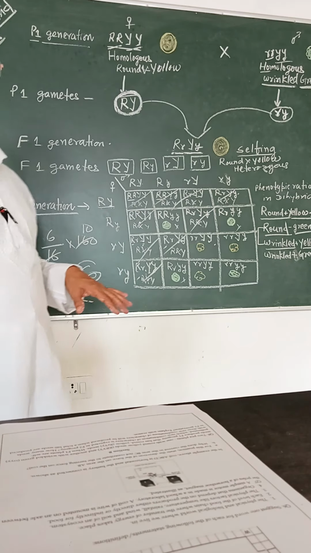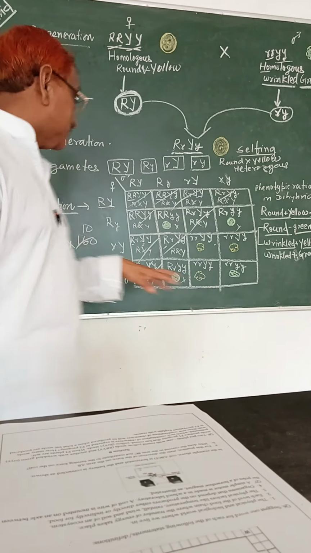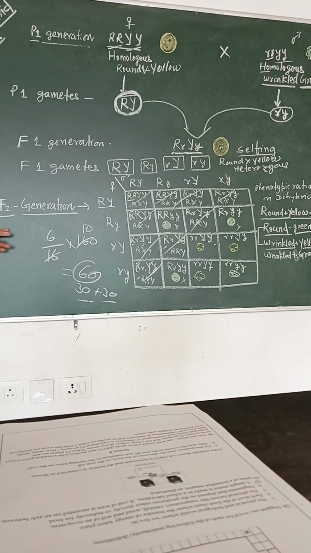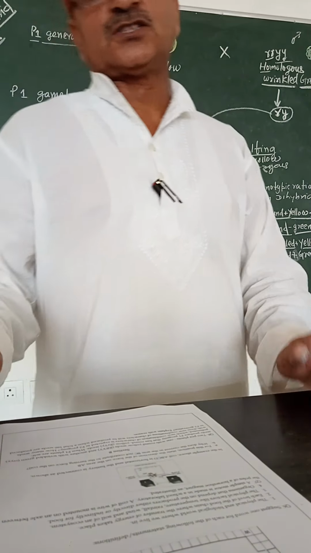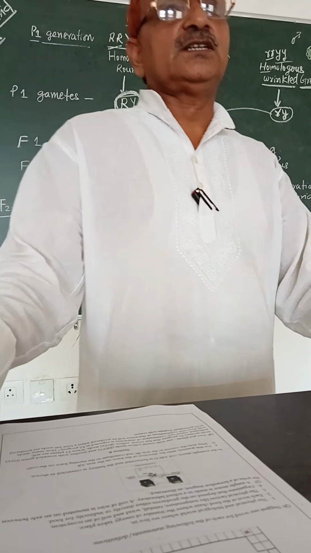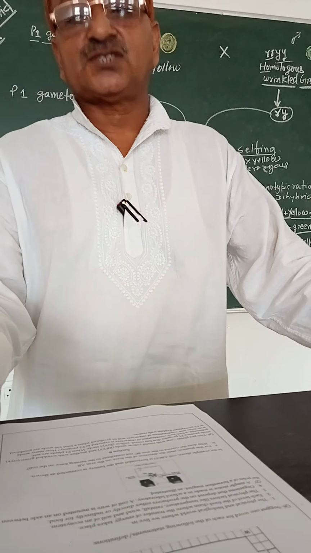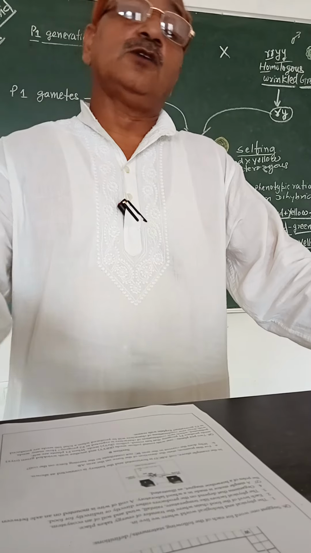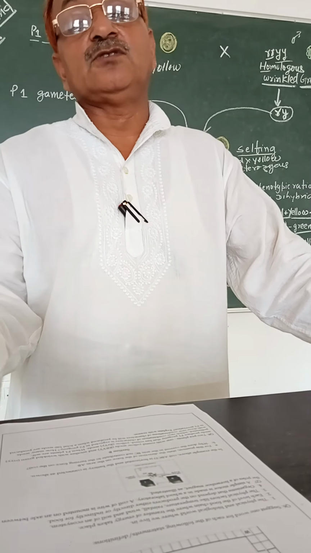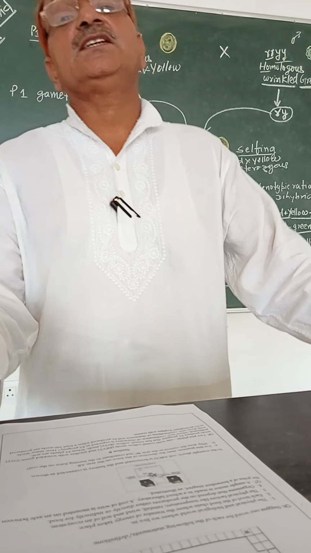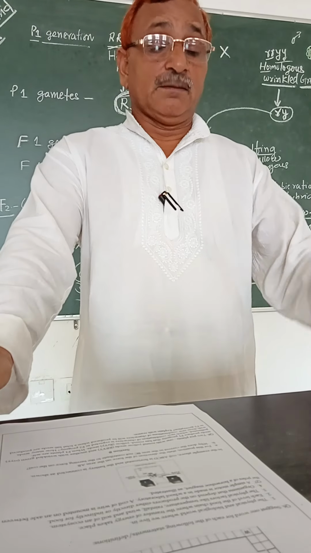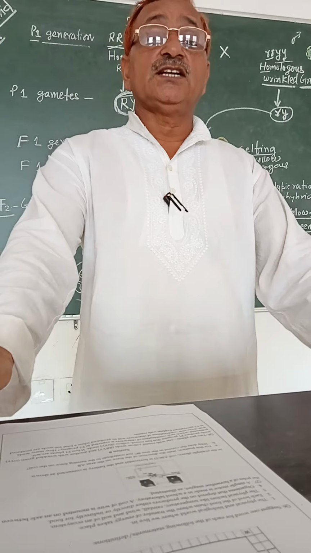In the F2 generation, out of 160 seeds, approximately 3 plus 3, that is 6 out of 16, so 6 by 16 into 160 is 60 seeds, that is plants, of the new combination.